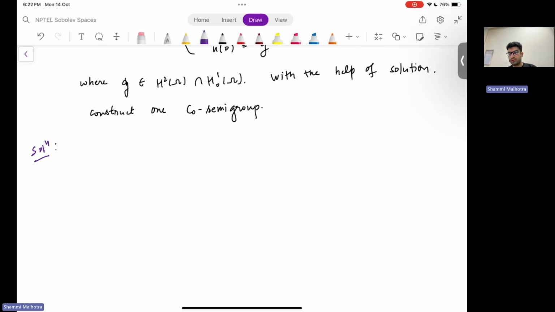Here I'm using some basic prior knowledge: a problem of this type can be solved with the knowledge of Sturm-Liouville problems. We consider the eigenvalue eigenpair problem, and with the help of that we are able to write the general solution.